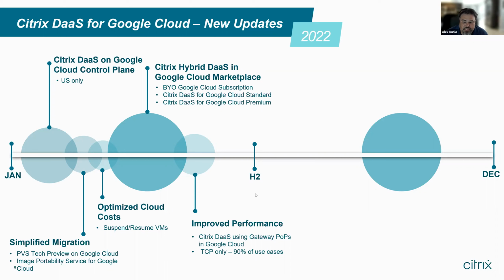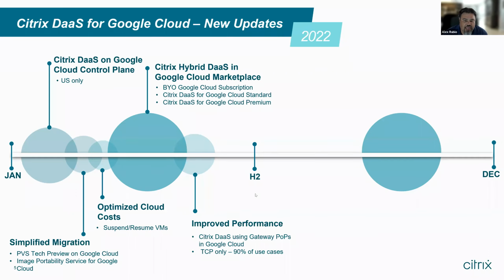A couple of other things in here. One of the big things that we're always looking at is how to make it easy to migrate to cloud, and we have a lot of technologies as part of Citrix and Citrix DaaS. One of them is our streaming technology, PVS, which is our Provisioning Services. We have added a tech preview that's now available to be able to provision your DaaS workloads on Google Cloud itself. Another area in terms of migration that we've been investing in is the image portability service.